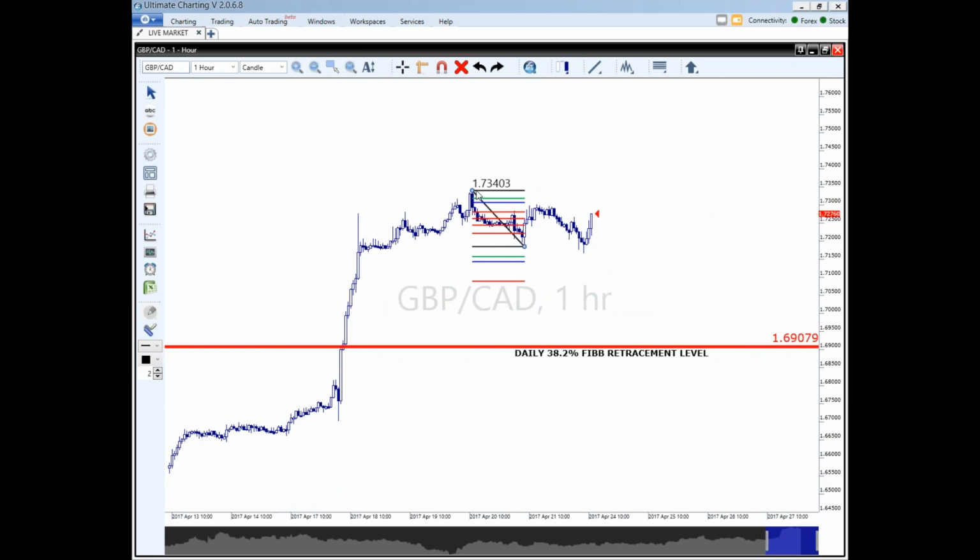As far as hard stops, if I wanted to place a hard stop with low risk, 65 pips in risk, I'd place my hard stop up here at the high of 1734.03. Let me just write this down here. 1.73403 would be my hard stop, okay?